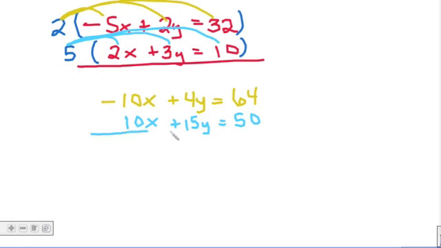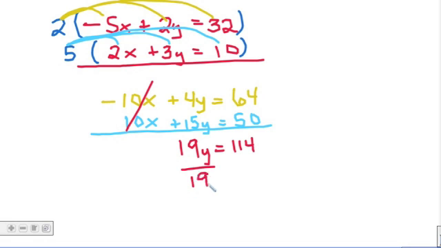All right, now I have an elimination. I can eliminate my 10x's because they've canceled. So I'm left with 4 plus 15y, which is going to give me 19y, and 64 plus 50 is going to give me 114. I'm going to divide by 19 to get y by itself, and y equals 6.